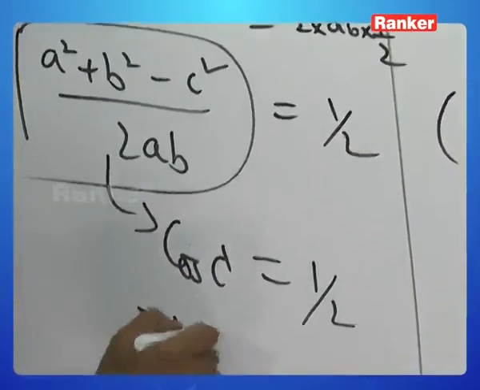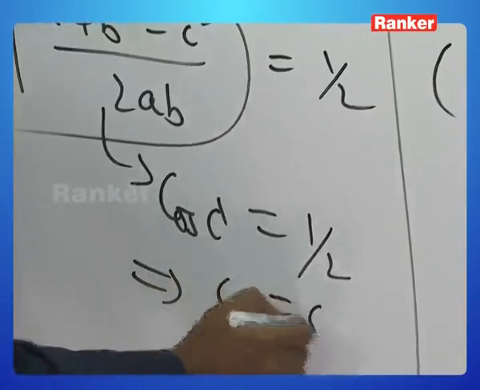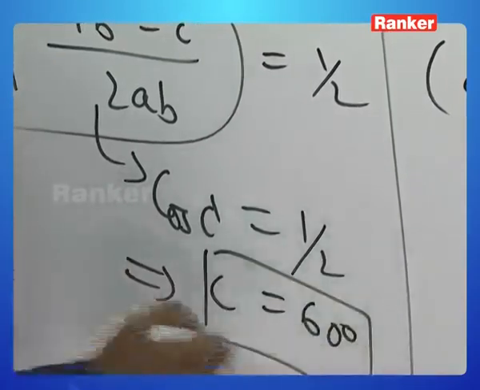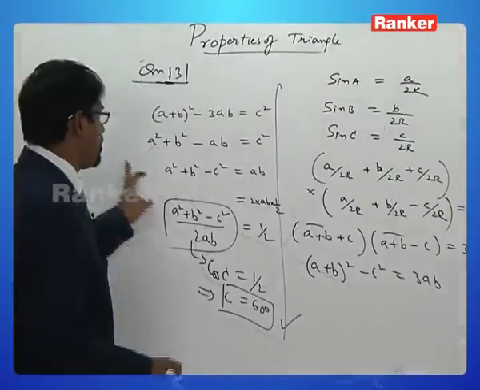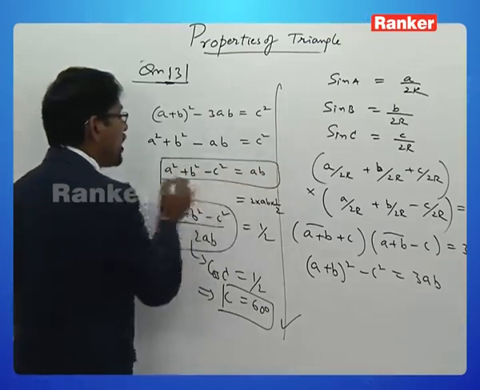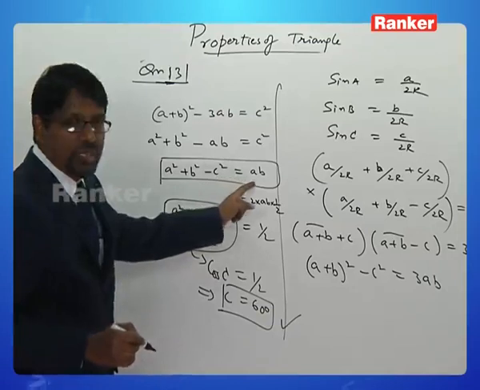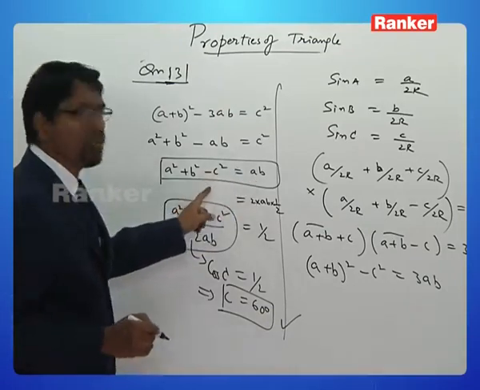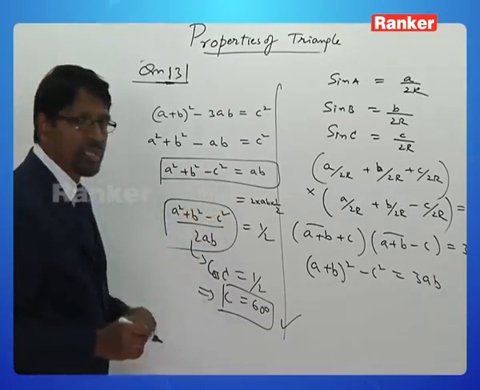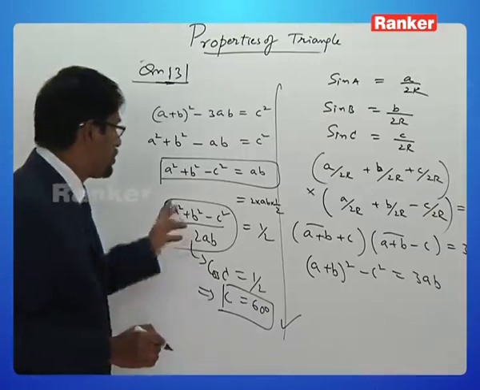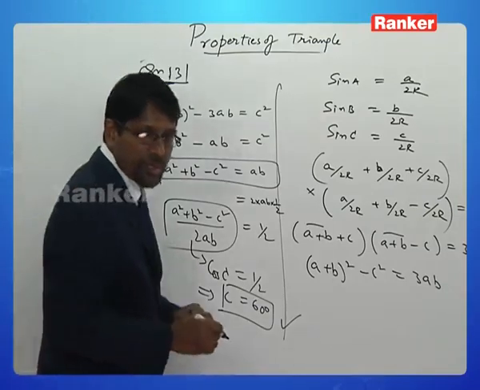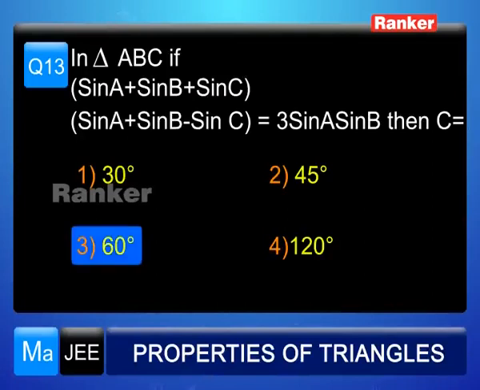This gives us angle C is equal to 60 degrees. So bear this in mind, whenever you get a condition like A square plus B square minus C square is equal to AB, it clearly implies that angle C has to be equal to 60. So C is 60 and option 3 is the right answer.